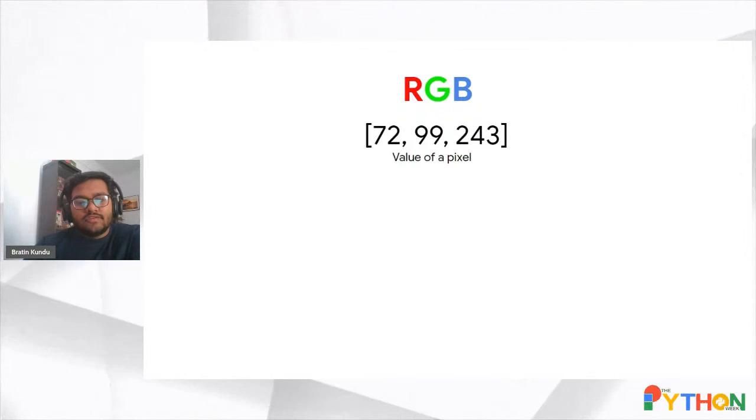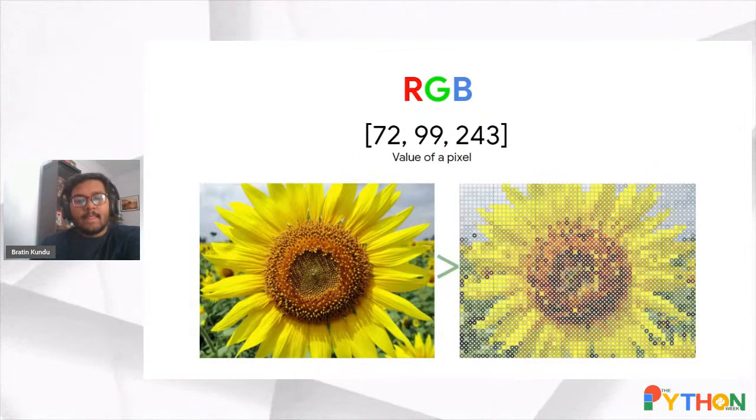The first value, 72, is the value of R, that is red, then G, followed by B. If you observe this value, we can say this pixel is more of a bluish color, with more blue in that pixel than red or green. So this is how it is represented.